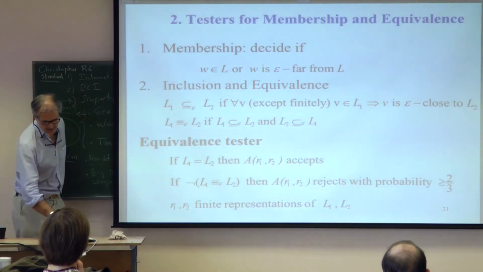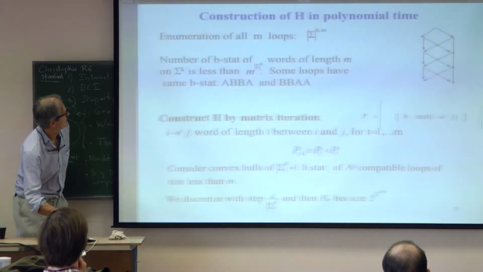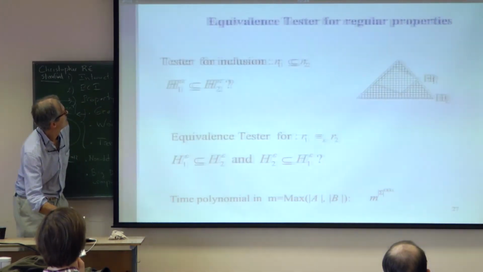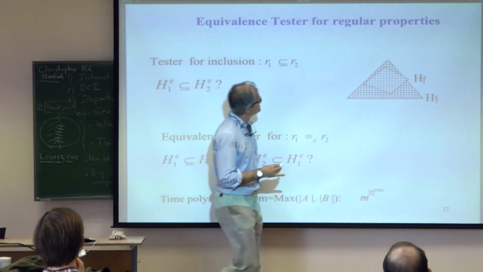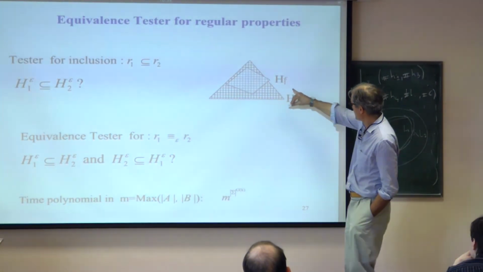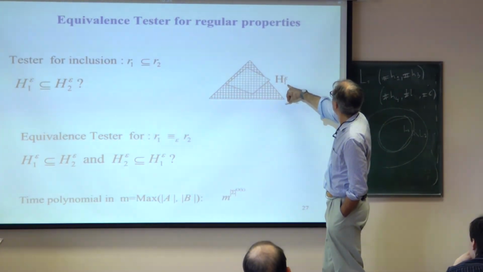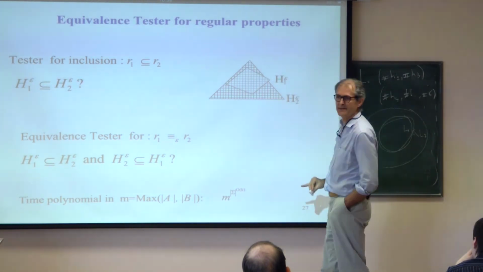I explained how the coherence tester works. Here is the picture that comes up, where you follow exactly the same analogy. You build H1, which depends on epsilon. You build H2, which depends on epsilon.